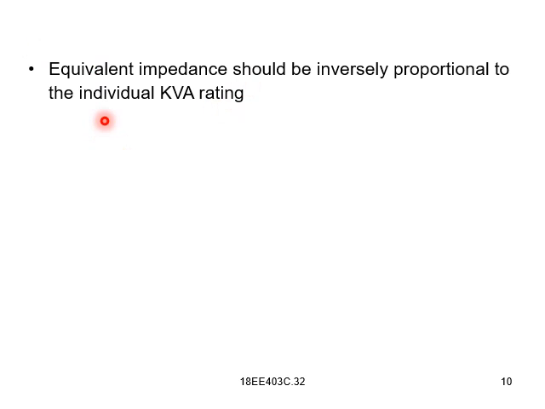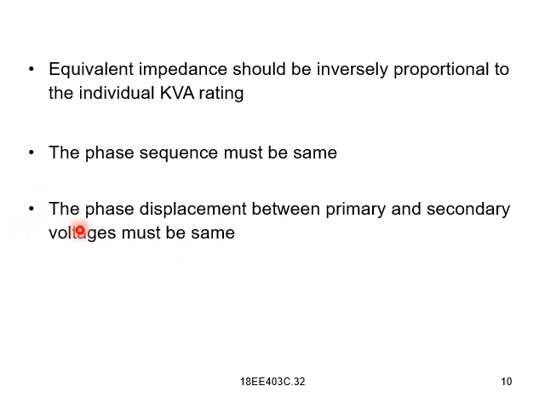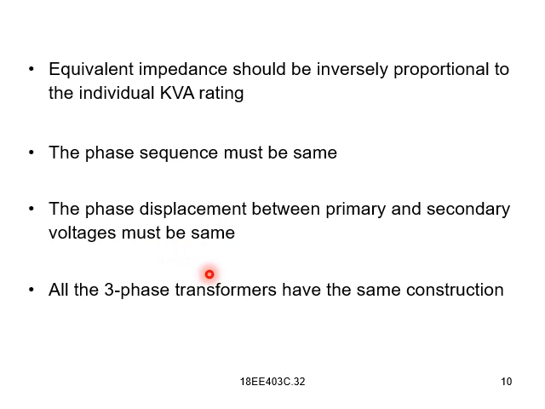So we should have the equivalent impedance inversely proportional to the individual kVA rating, and the phase sequence must be the same. The phase displacement between primary and secondary voltages must be the same, and all the three phase transformers must have the same construction.